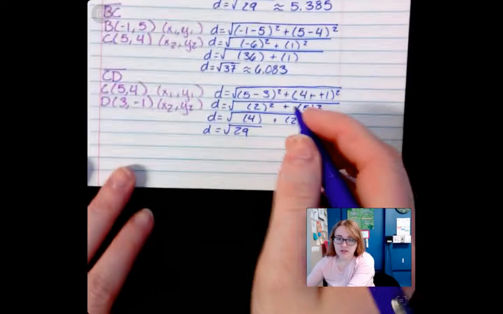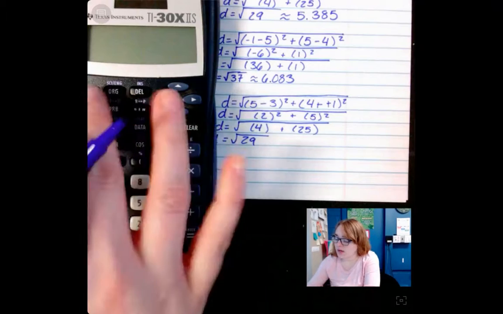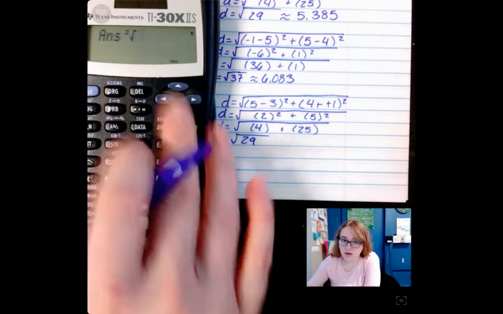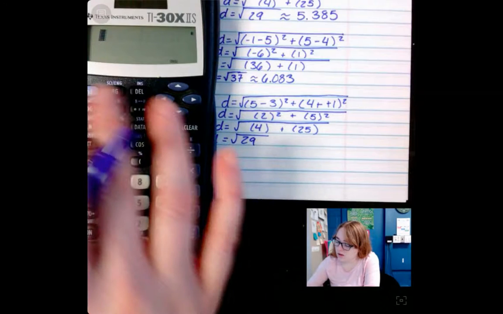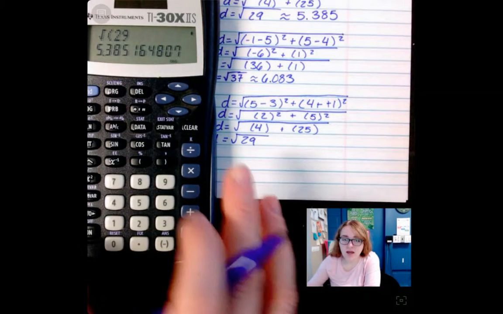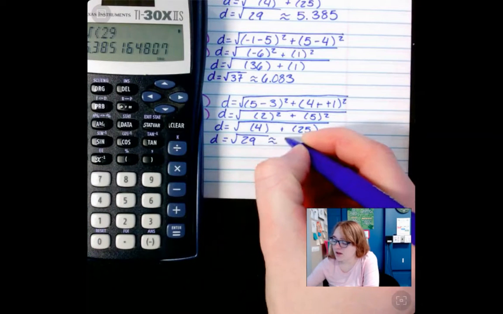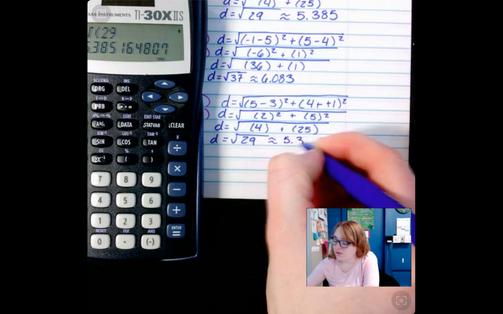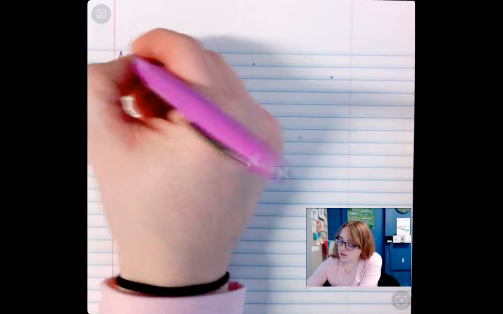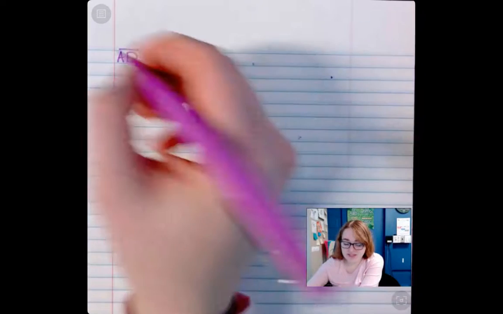And then to get our decimal approximation, we will take our calculators and type in the square root of 29. Again, we're just rounding to 3 decimals. So that is approximately 5.385.